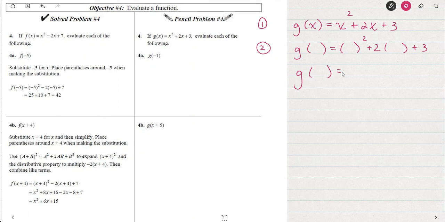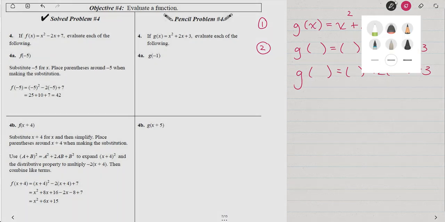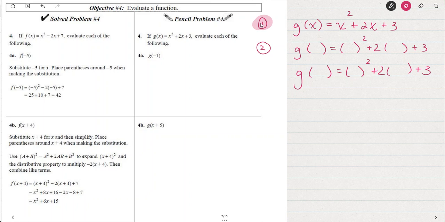I'm going to write it twice. In your example, you wouldn't actually write it twice, but what I'm advising that you do is write the function and then write it one time with those empty parentheses.